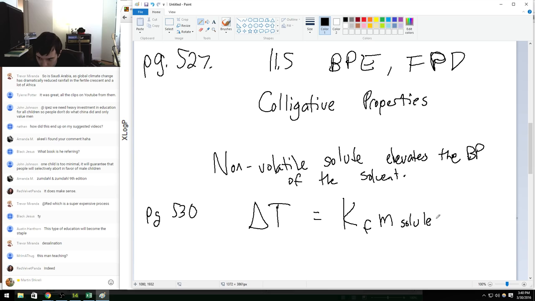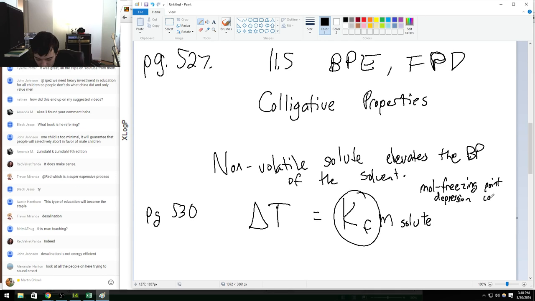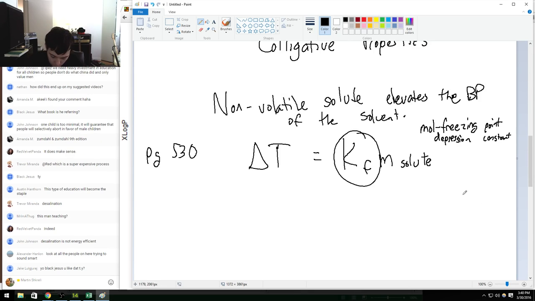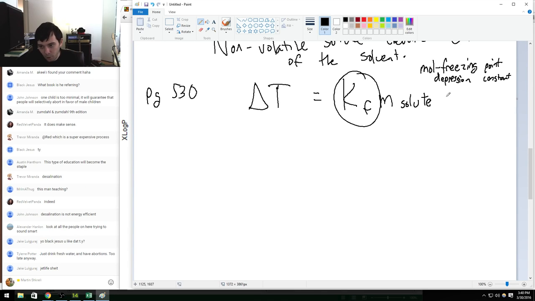We'll call Kf the molal freezing point depression constant. This is a very similar equation to Raoult's law. I'll show you how to use it. And of course, m is the molality. So we learned molality, and that's why we learned it.